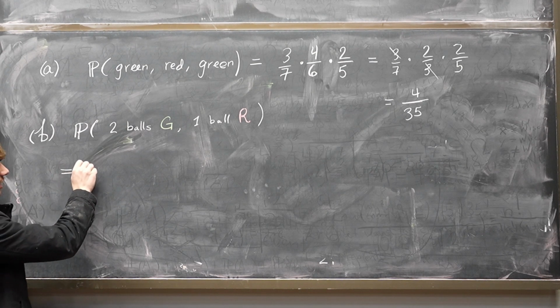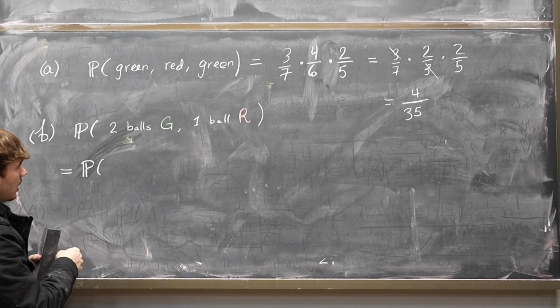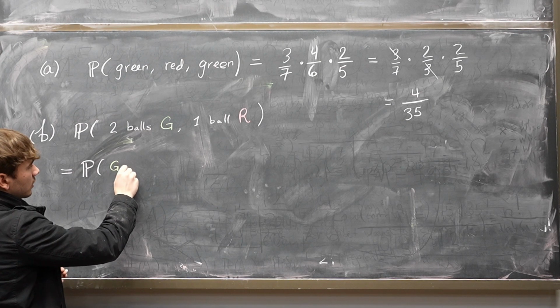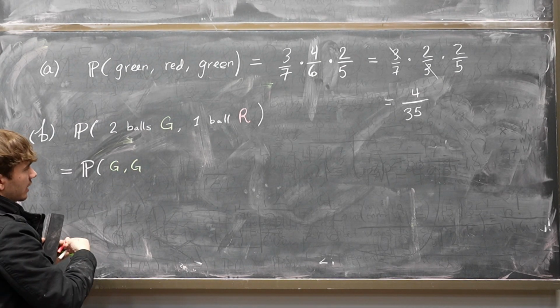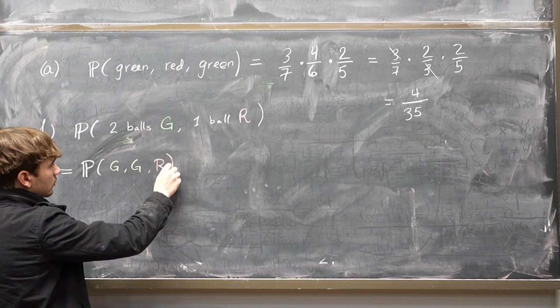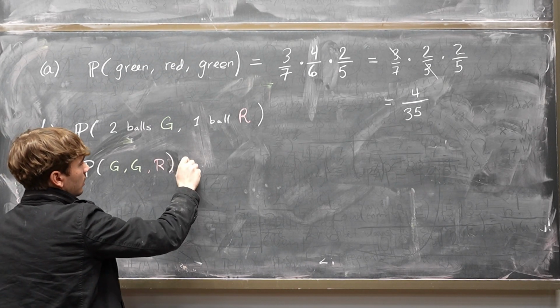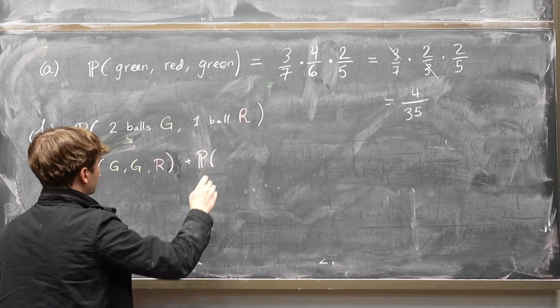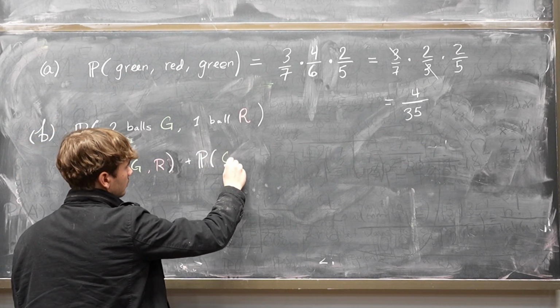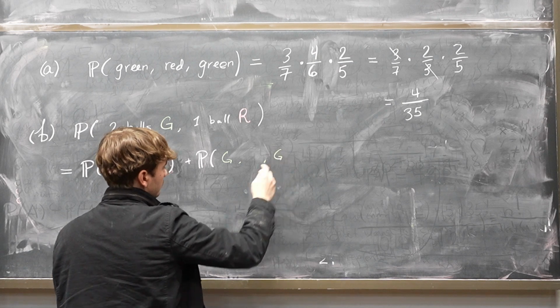So there are 3 possible outcomes. Either I have green, green, and then I choose red. Or I could have chosen green, then red, then green.